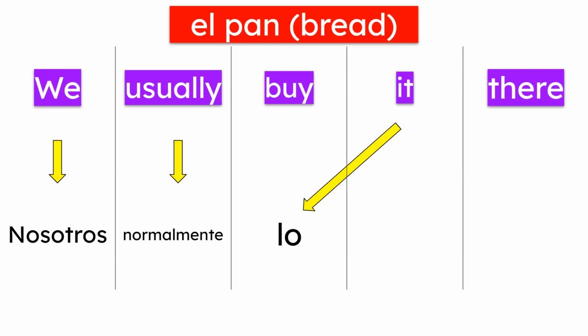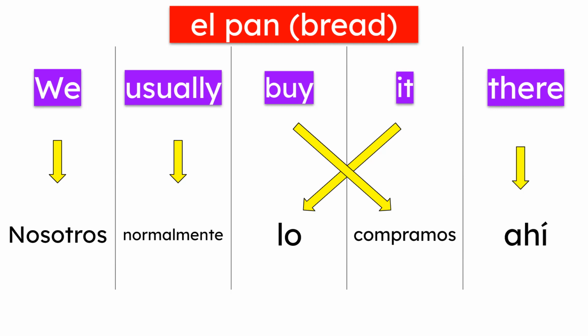So, nosotros normalmente lo, and now the verb, compramos. Nosotros normalmente lo compramos ahí, there. Not here, but there. Okay, now it's your turn to say it out loud.